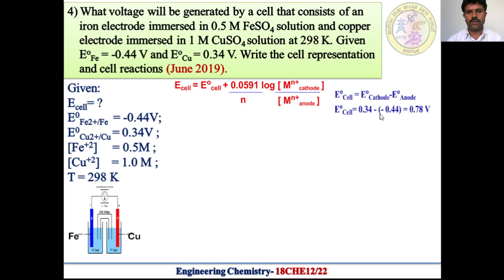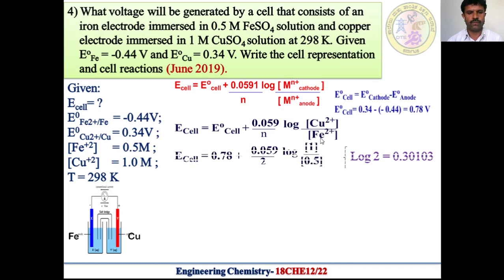In this problem, copper behaves as cathode and its E naught value is 0.34 volt, minus the anode value of minus 0.44. So we get the E naught cell value, that is 0.78 volt.